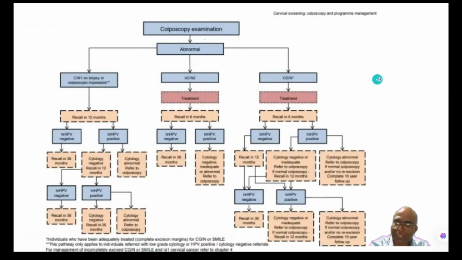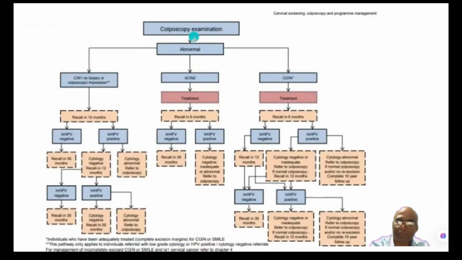If it is between 50 to 65, her recall is 5 years. But even if she is say 52 years, here she will not come after 5 years. She will come after 36 months because she is under this pathway. And that is the difference in the options in EMQ, whether it is a routine recall or a recall in 36 months.